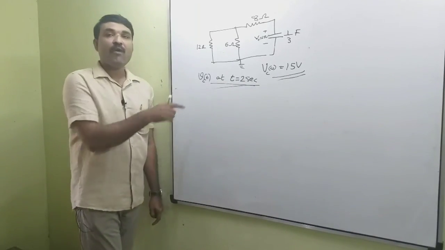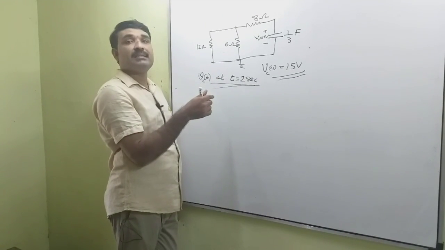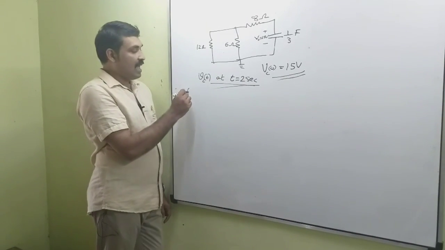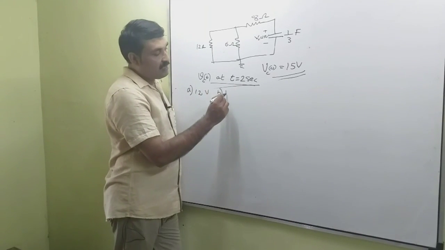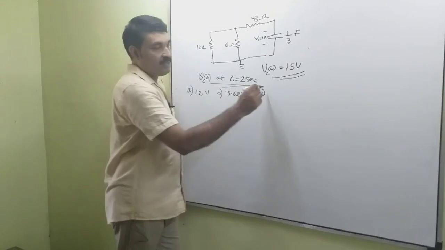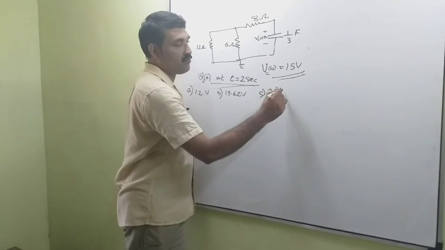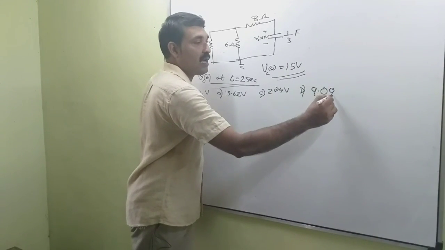Okay, this is the question. We want to find the value of this voltage at t is equal to 2 seconds. Choices are given. A is 12 volt, B is 13.62 volt, C is 2.04 volt, and D is 9.09 volt.